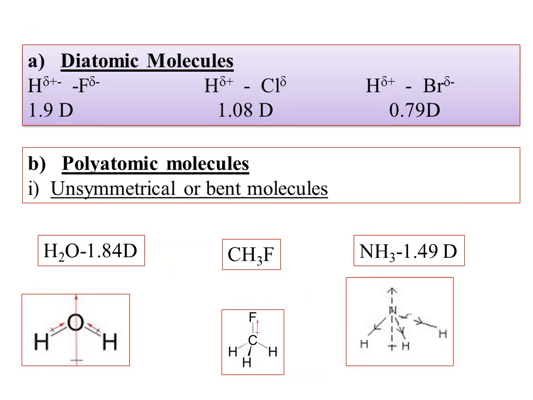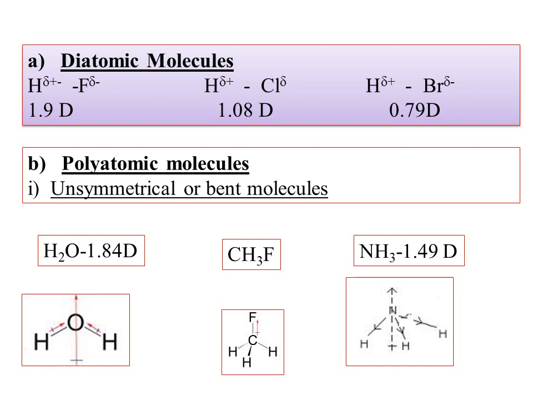This is how I can easily tell whether a given molecule is polar or non-polar, based on electronegativity values or dipole moment. If there is a dipole moment, it is polar in nature. If the dipole moment is 0, it is non-polar in nature.